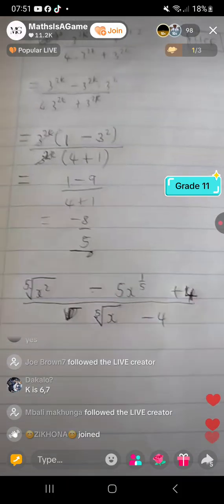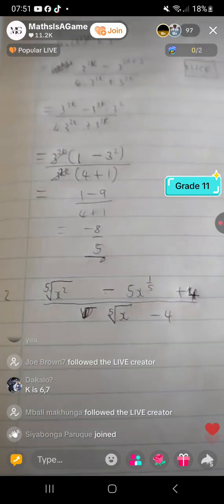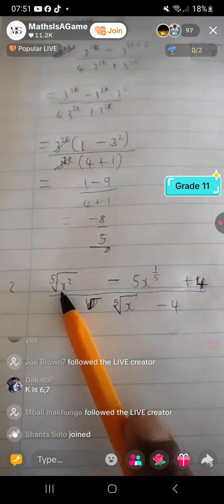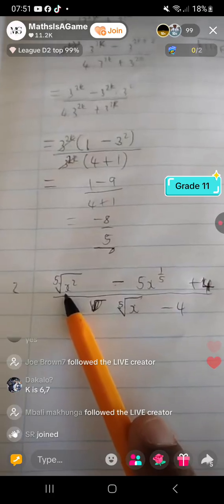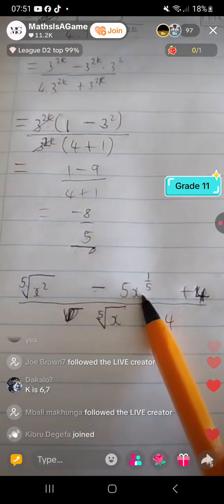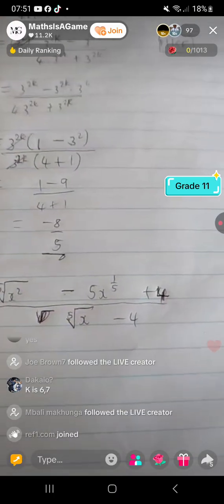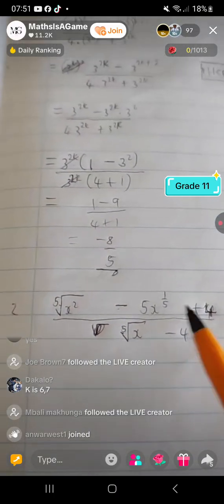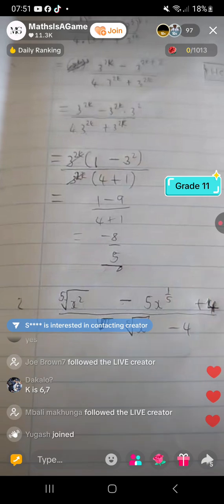So here's a question. This time round our bases are not predominantly numbers, rather we have variables as our bases. All right, and then we have rational exponents.